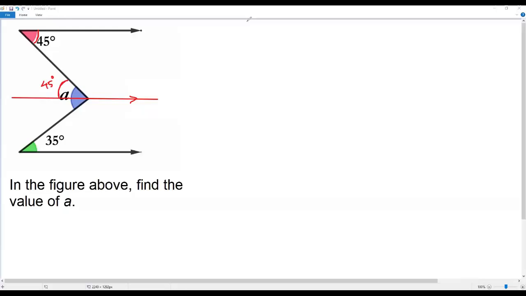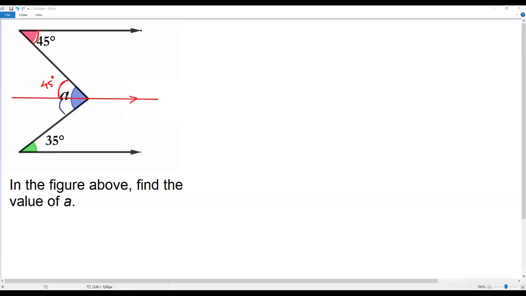Now let me consider the red color line over here and the line over here. These two lines are parallel lines. And what is the name of the line over here? It's called a transversal because it intersects both the parallel lines. Just now we discussed that when two parallel lines are intersected by a transversal, the alternate interior angles must be congruent, that means they must be equal.